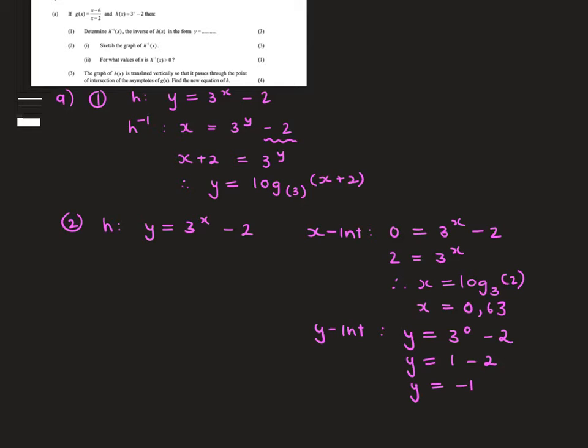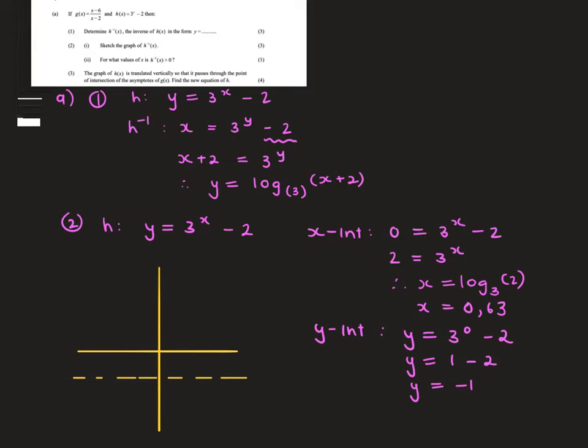Okay, so why I've done that is, let's just draw. So I'm going to draw the original graph first. So let's just make a little Cartesian plane. Okay, so something like this. All right, so with the original function, you had an asymptote at -2, right? So I'm just drawing the exponential graph here, guys.